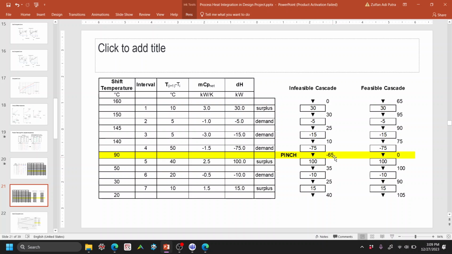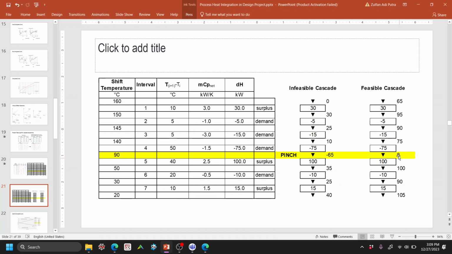So if we use this number as the external heat supply, that means we put this 65 over there as external heat, and then you use the same delta enthalpy in each interval. So 65 plus 30 is 95, 95 minus 5 is 90, and so on and so forth.